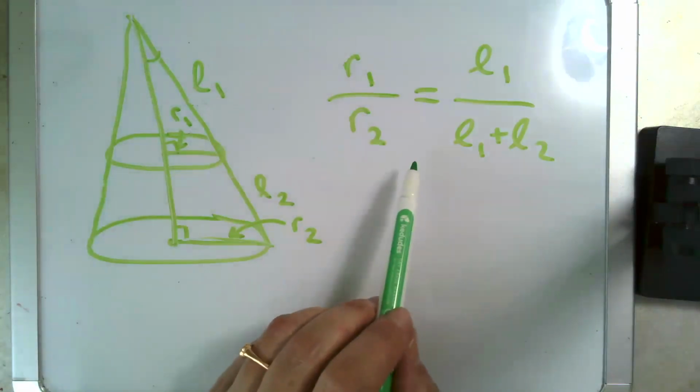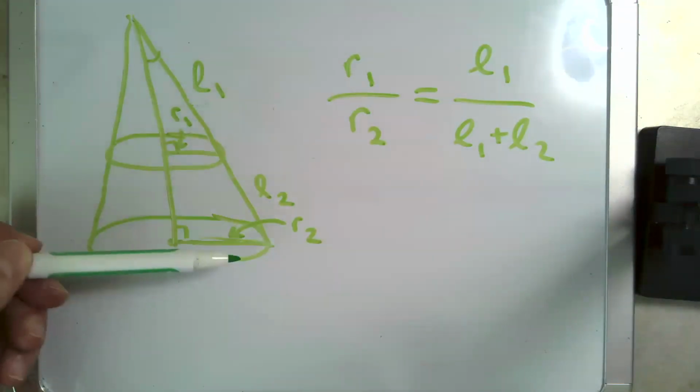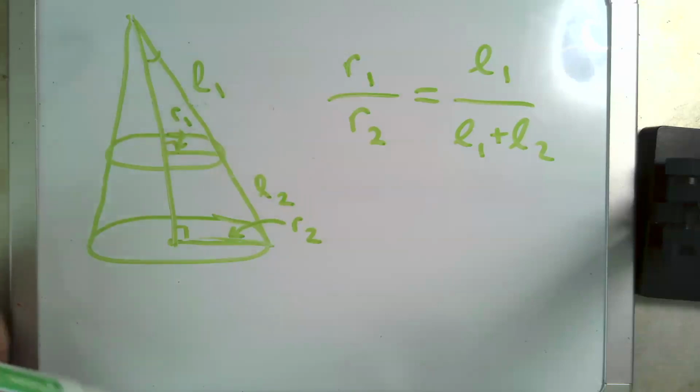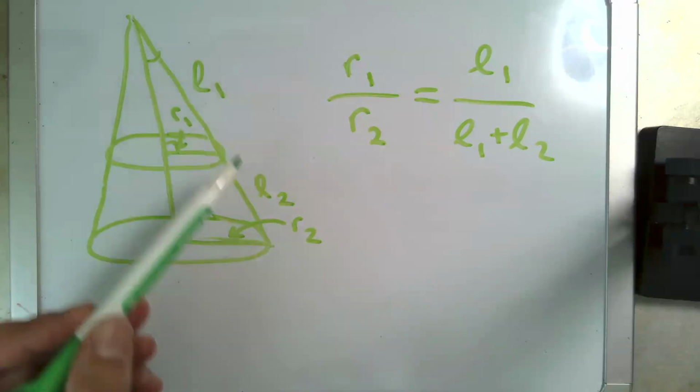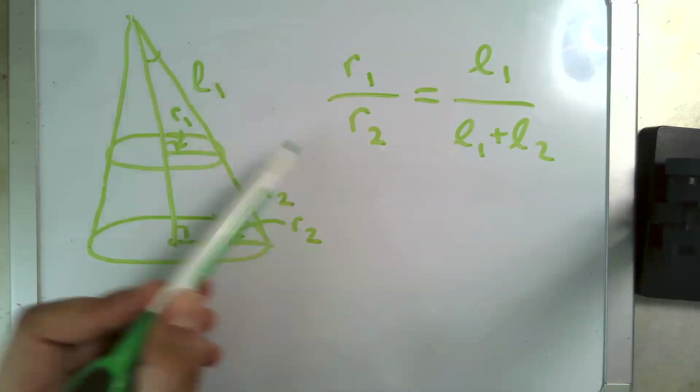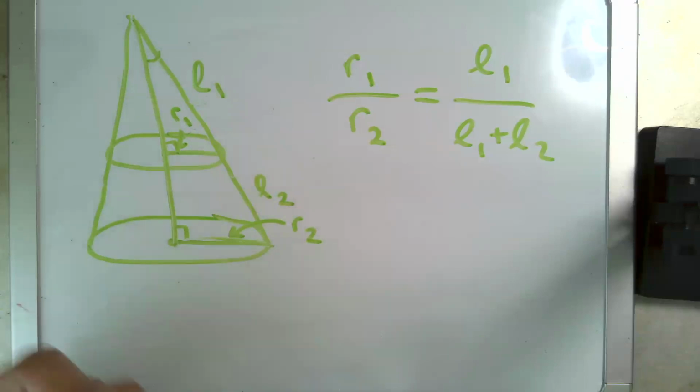Okay, so that is my ratio of these two similar cones, and it gives me a way to start to connect the variables of R1 and R2 with the variables of L1 and specifically L2, which is the one that was part of the formula my daughter gave me.